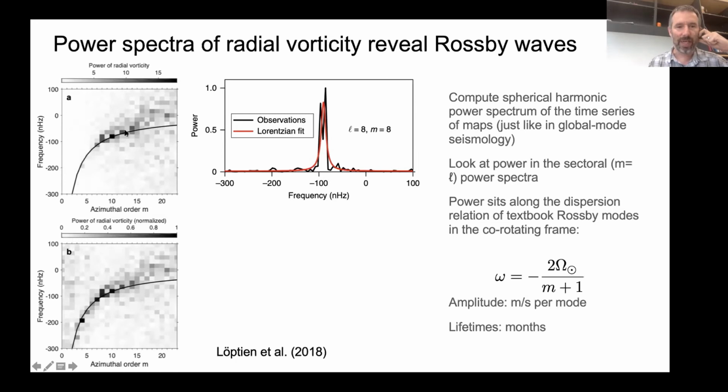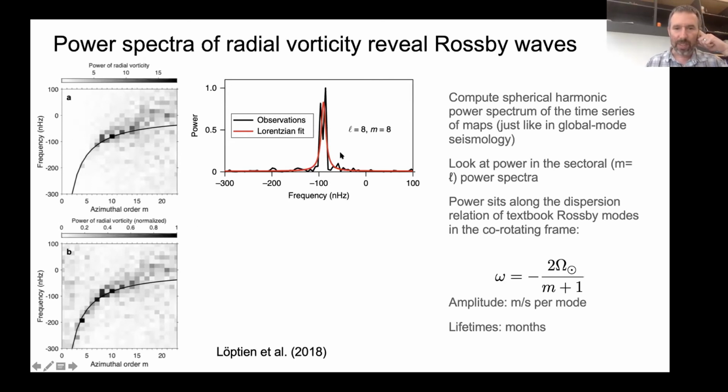This black curve here is the dispersion relation that you find in the textbook for Rossby waves. The panel below it shows the same thing, but the normalization is a little different. Here, in this bottom panel, the power is normalized differently at each M. It's normalized by the sum of the power. So you can see these lower M modes that you can't see here. The issue is that overall the power increases with M, so you can't see much down here unless you renormalize a little.